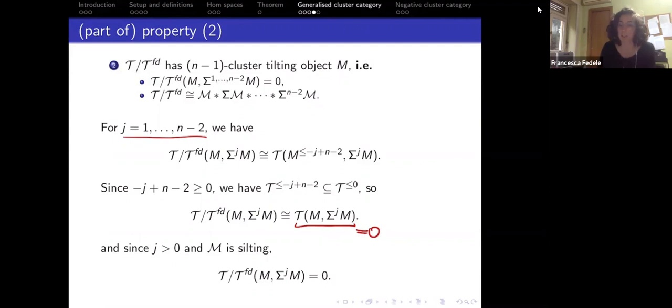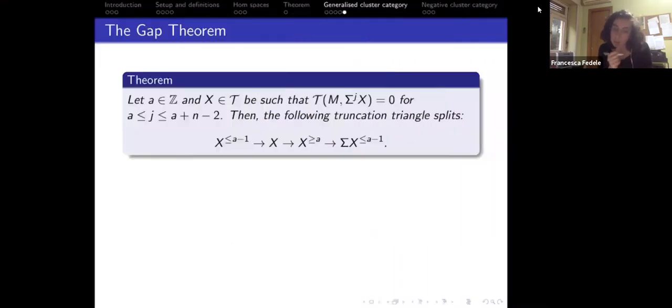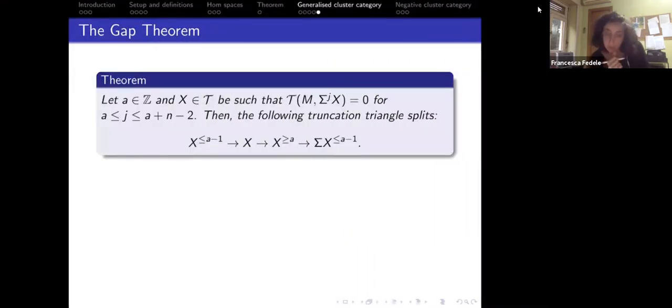And so the second half, the fact that T over TFD is isomorphic to this star product of M and shifts of M. I won't really go into details on how you do it, but the theorem you can use to prove this is this gap theorem.